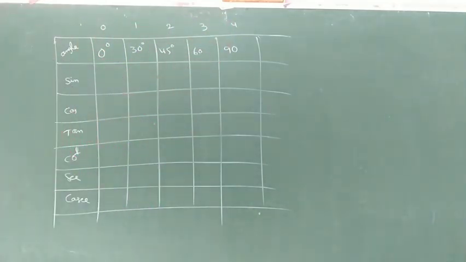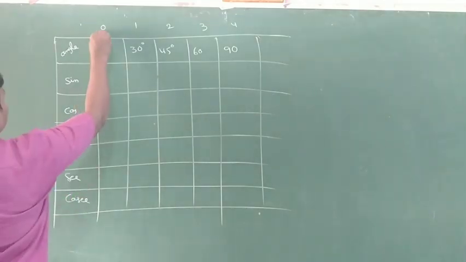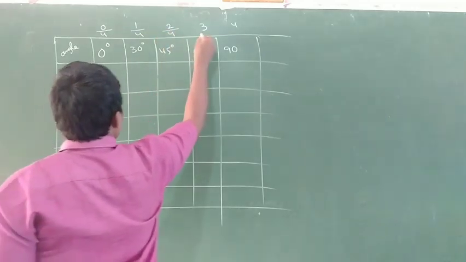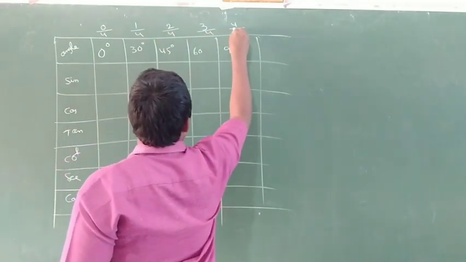Only the sine function first, divided by 4: 0 by 4, 1 by 4, 2 by 4, 3 by 4, 4 by 4.